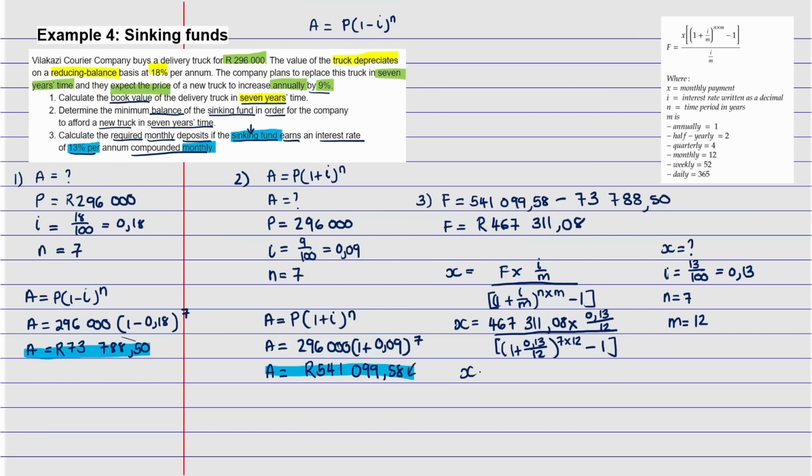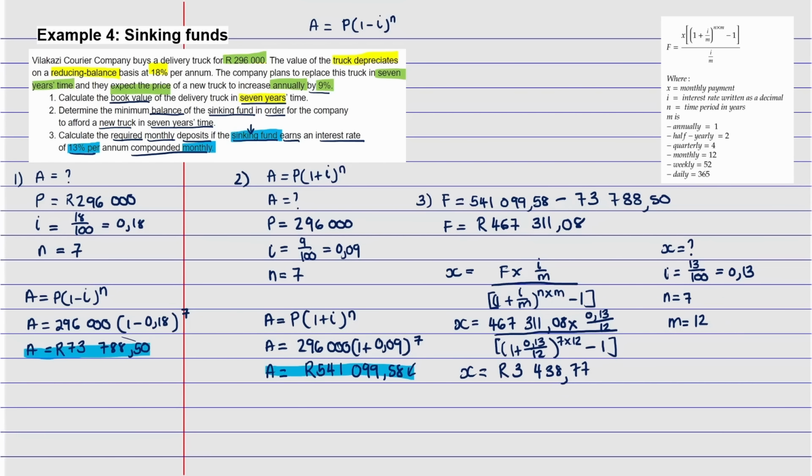X is going to be equal to 3,438.77. So starting from the time they buy the new truck, they need to save up 3,438.77 monthly so that they can afford the new truck when they replace it in 7 years.